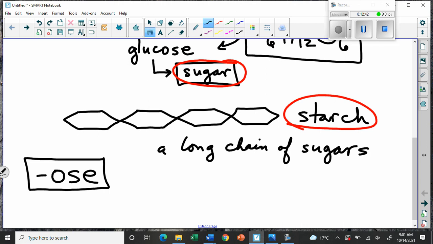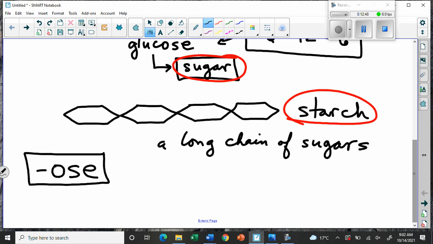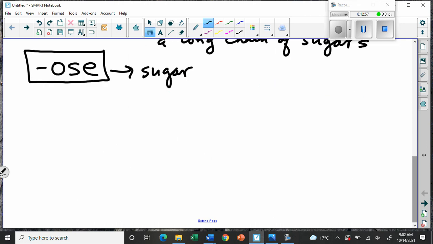Okay? Now starches have different names. So sugars end in "ose", right? Those are all the different sugar molecules, and some of them are one ring, some of them are two, and there's all kinds of different ones. But the starches have different names, and I'm going to just give you a couple of names so you can remember.